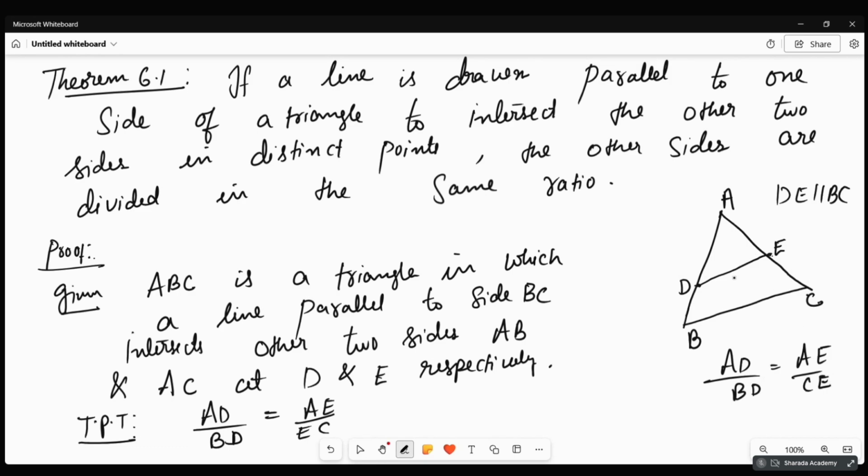That means if a line is drawn parallel to one side of a triangle, that line will divide the other two sides in the same proportion, which we are trying to prove. Clear? This much you all have.